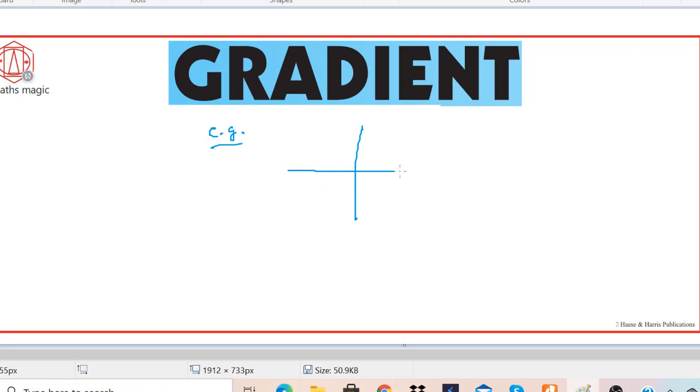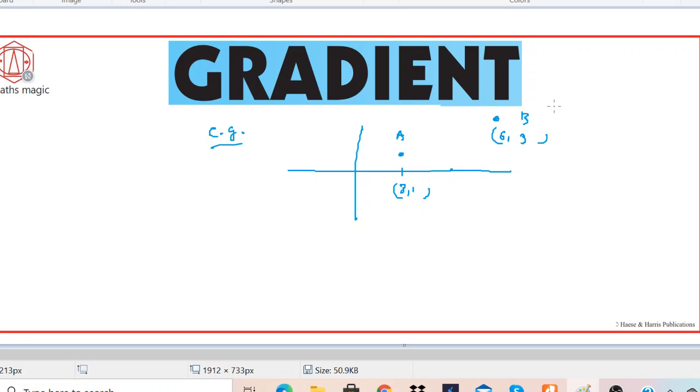So let's say we have point A over here with coordinates, let's say, (3, 1), and another point B with coordinates, let's say, (6, 3).